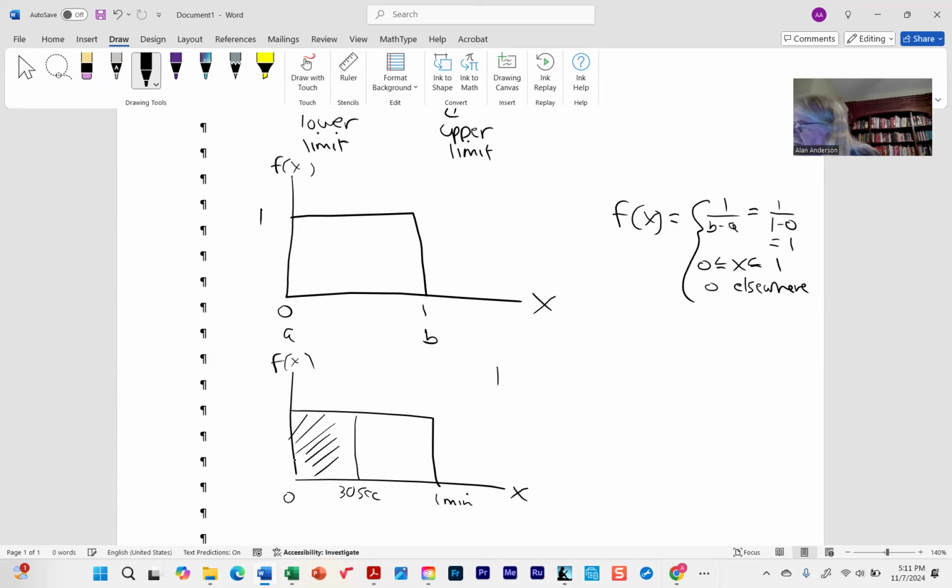So to calculate the probability that x is less than or equal to 30 seconds, actually, what I should do here, if I want to be consistent, let me call that 0.5 for 0.5 minutes. And then you can see that in the graph, it's just the left half of this rectangle.